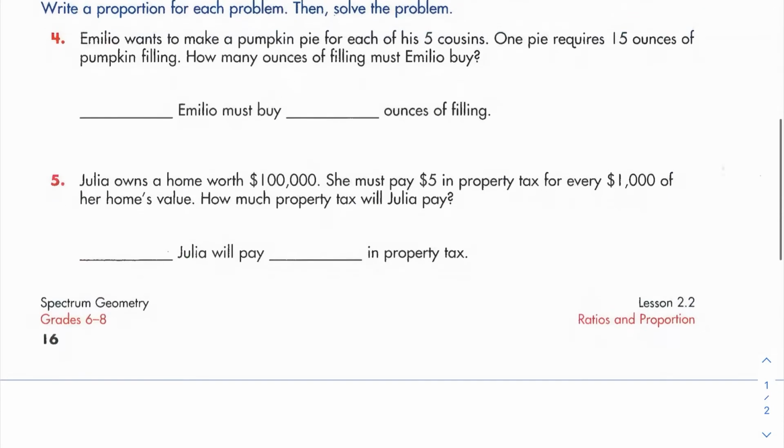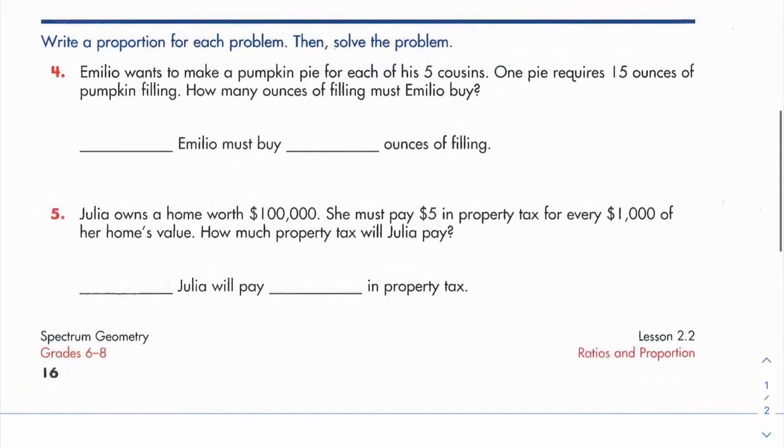Let's look down at the final section. For this section, it says to write a proportion for each problem, then solve the problem. You have two word problems. For the first one on number 4, it says Emilio wants to make a pumpkin pie for each of his 5 cousins. One pie requires 15 ounces of pumpkin filling. How many ounces of filling must Emilio buy?